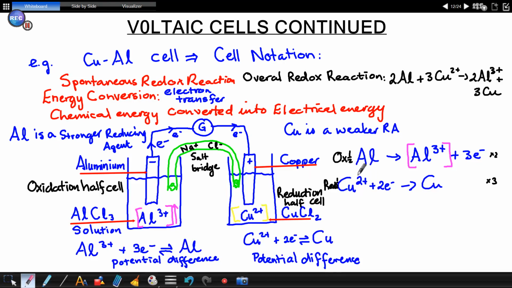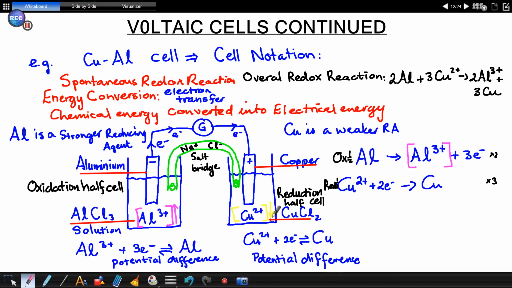You're taking copper ions out of solution. During the reduction half reaction, you're taking copper ions out of solution. So what happens to the concentration of the copper 2+ ions in the solution? It decreases.